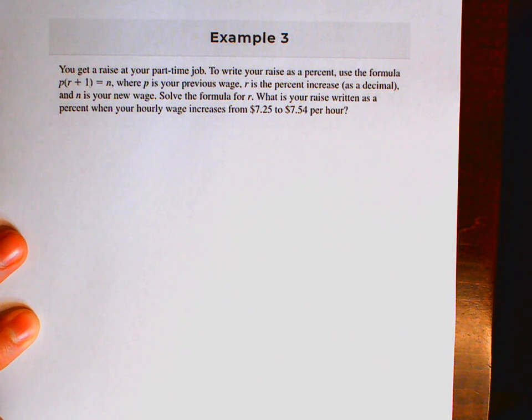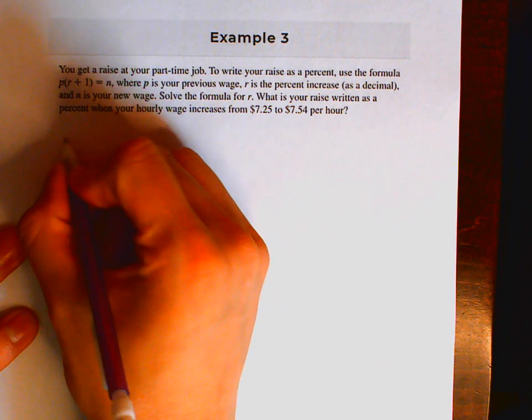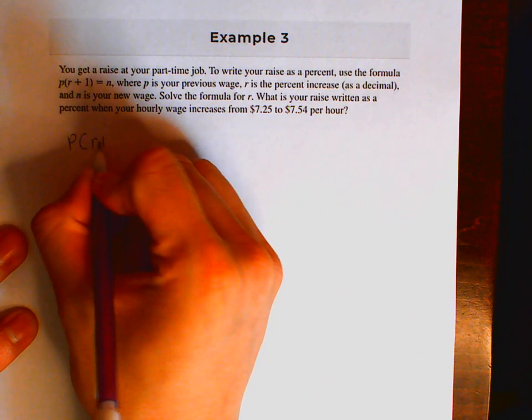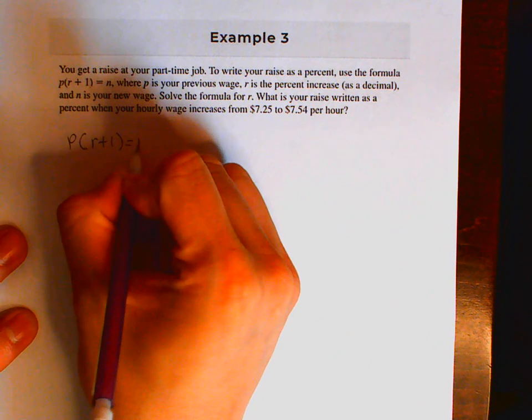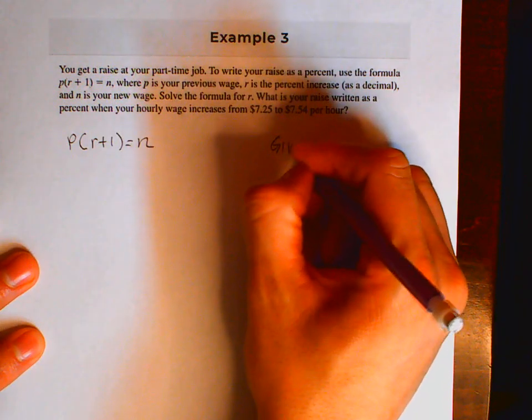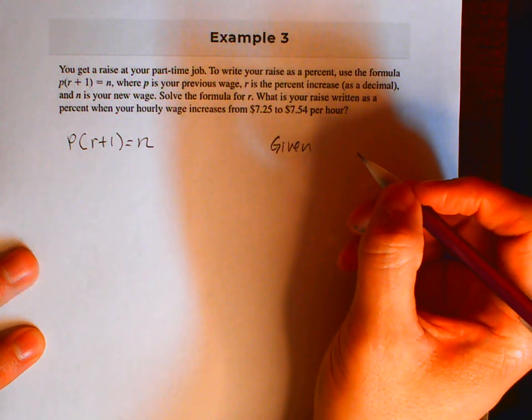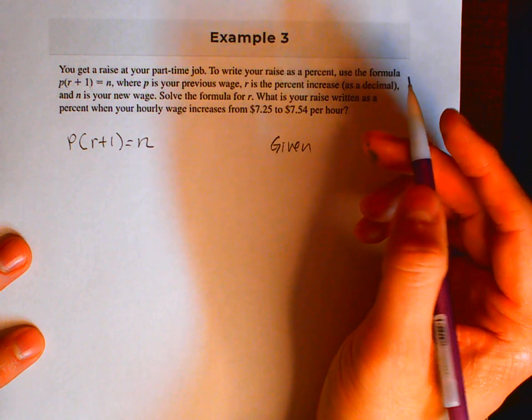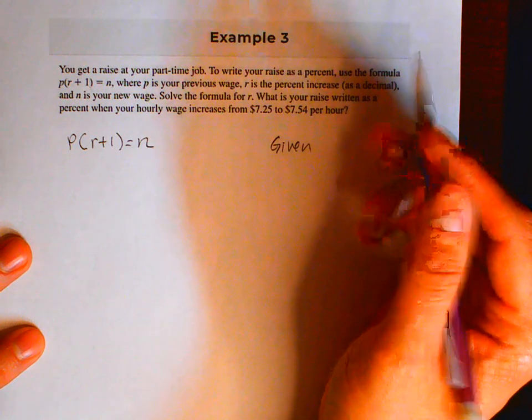Solve the formula for R. So here's my equation: P times (R plus 1) equal to N. What I need to do is solve it for R. There are many ways that you can do this, guys. So what I'm going to do is distribute.